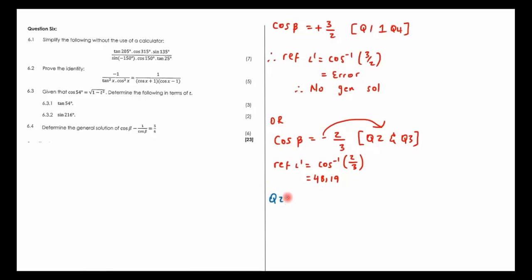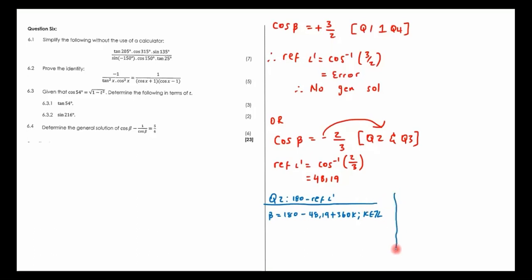So the second quadrant general solution has a reduction of 180 minus reference angle. So therefore, what we're going to do is we're going to say beta equals 180 minus our reference angle, 48.19, plus 360k, where k is an element of integers, right? So we're going to have that.